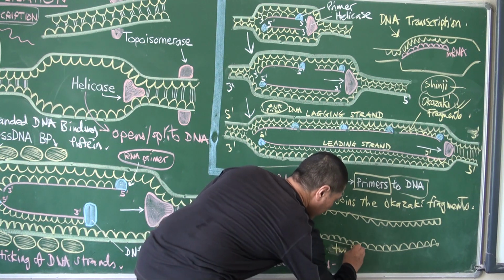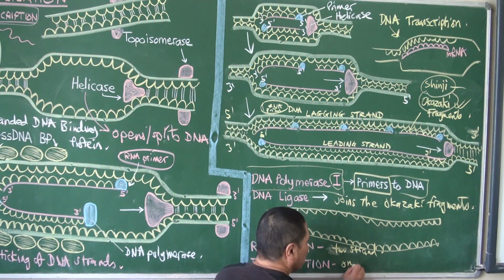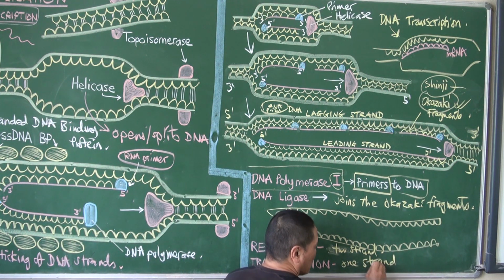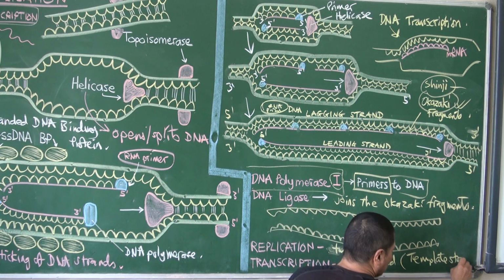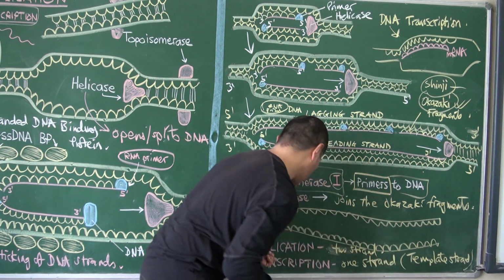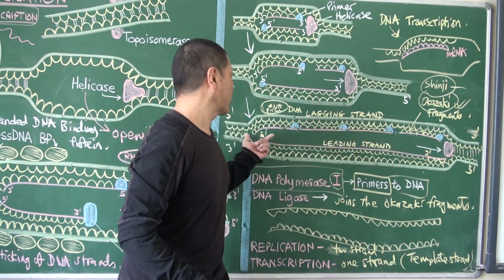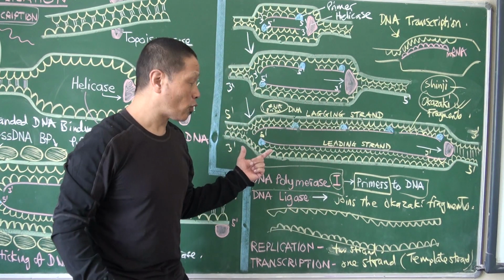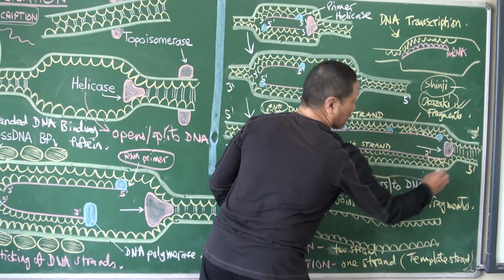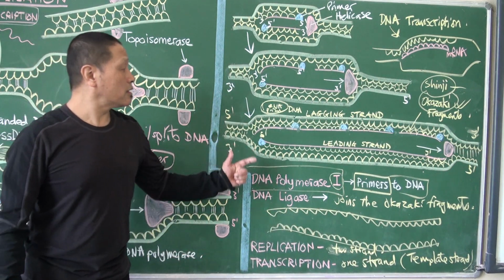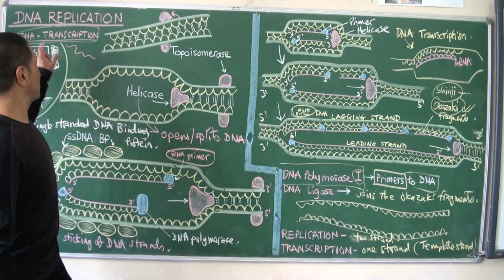Two strands are copied during replication, whereas in transcription, only one strand, and that strand is the template strand. Whereas in the case of replication, of the two strands, one strand is called the lagging strand, where Okazaki fragments are formed, and the other strand is called the leading strand, where continuous duplication occurs. So this is the difference between replication and transcription.